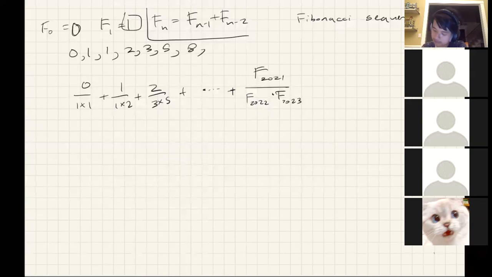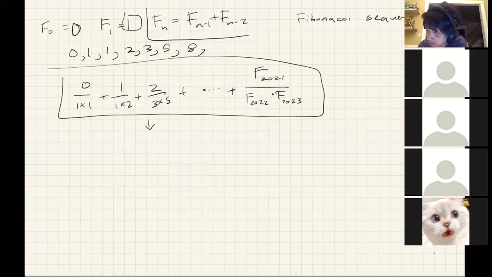You see them everywhere. But anyways, we have the sum over here. I added 2021 for the year. So we want to simplify the sum.